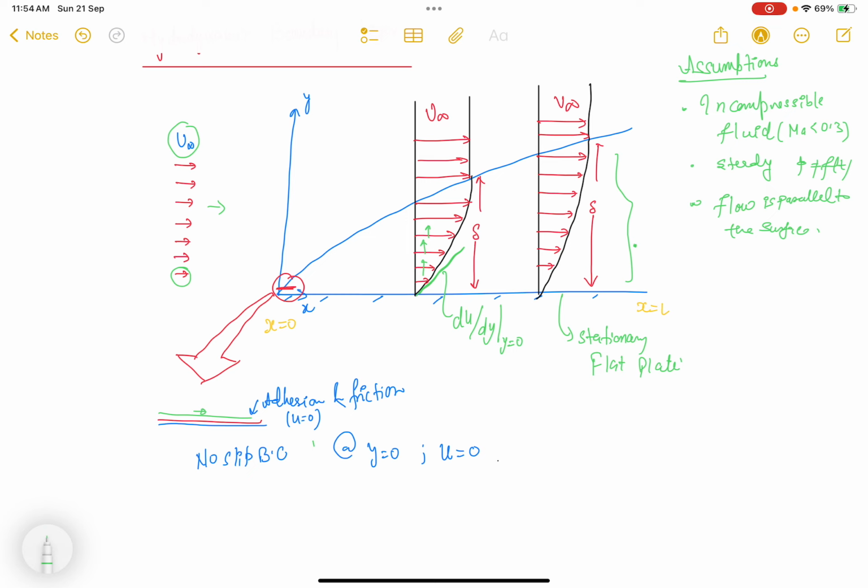This is called the hydrodynamic region, and the region which is outside this viscous region has nearly zero velocity gradients, right? So the edge which differentiates between these two regions is known as the edge of the boundary layer, right?